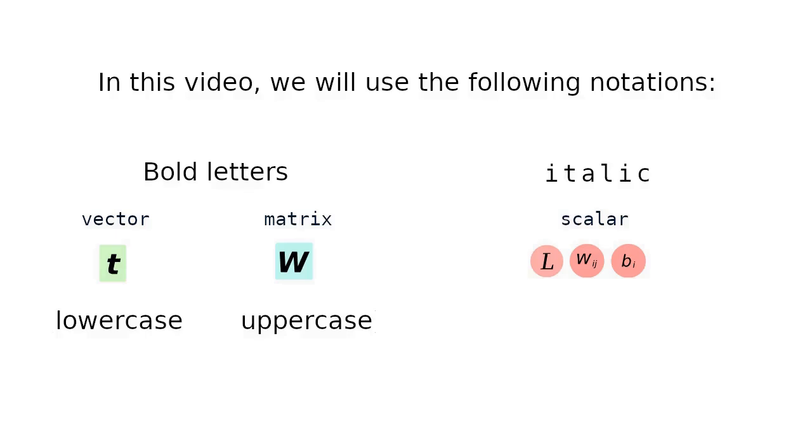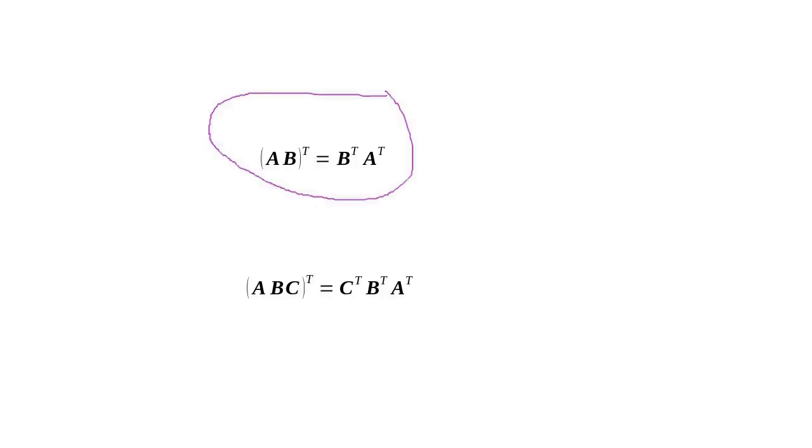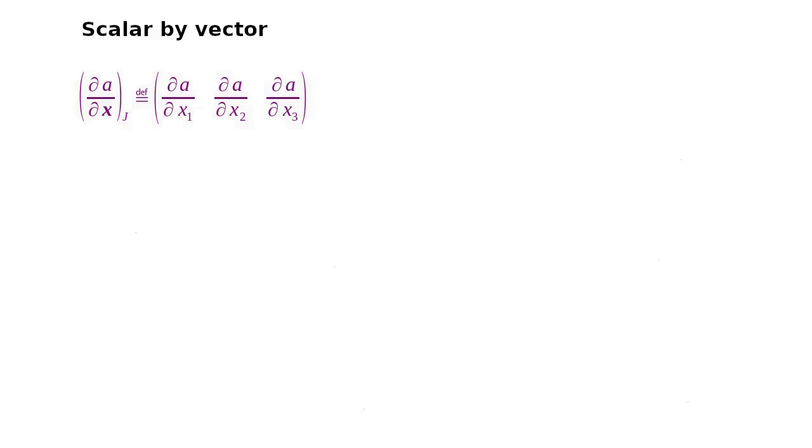In this video, we will use lowercase bold letters for vectors and uppercase bold letters for matrices. Scalars are represented by italic letters. We will encounter this rule repeatedly. When we have 2 layouts for the same derivative, we will indicate the layout as either J for Jacobian or G for gradient.